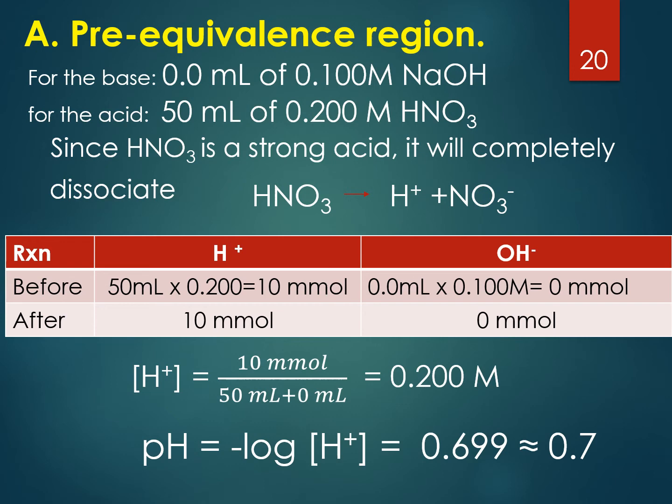So at the pre-equivalence point, our pH is basically 0.7. We just get directly the negative log of the 0.2 molar of the nitric acid, so that's 0.7.